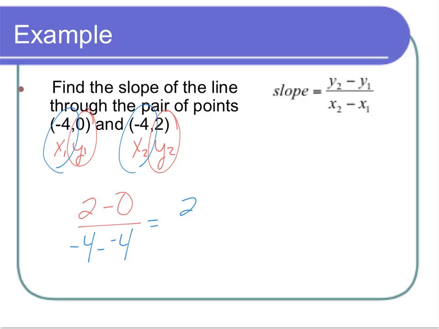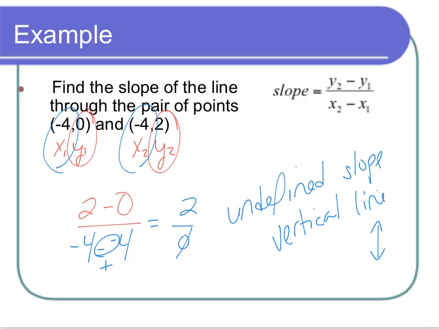So I have 2 over, that becomes a positive, so I have 2 over 0. Now I can't have 2 over 0, so that's an undefined slope. Do you remember from a previous slide what that meant? What kind of line that was? That is a vertical line, because rise over run, and so it's a vertical line.